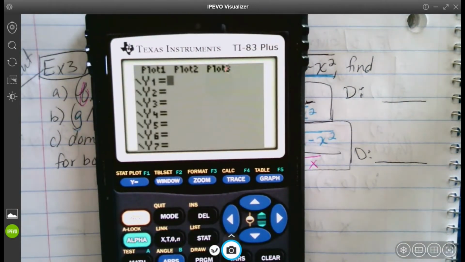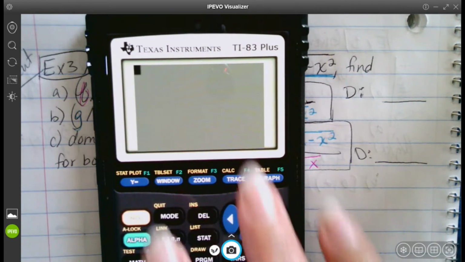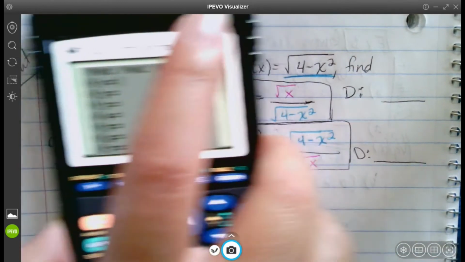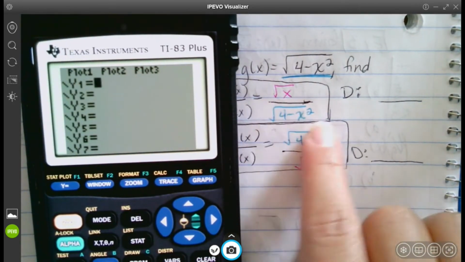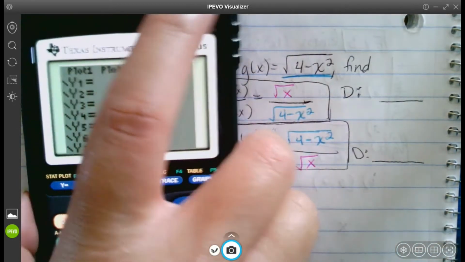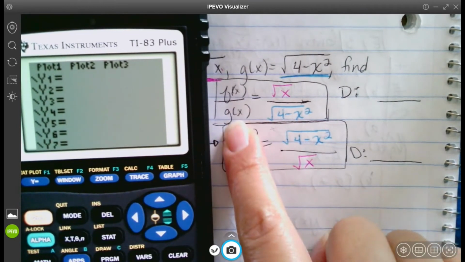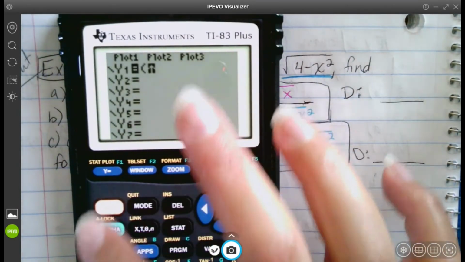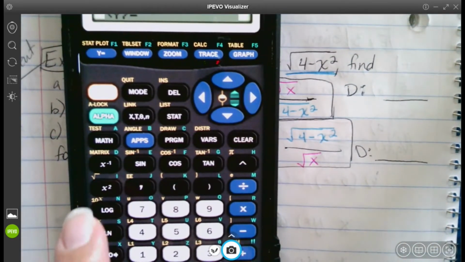Okay, you want to turn it on. And if you're not already at the screen, so if you're here on the front screen, you just press y equals. Okay. Now, whenever you are putting anything with a fraction, you want to put everything on the top in parentheses, everything on the bottom in parentheses. So for the first one, f of x divided by g of x, we're going to have parentheses and then square root. The square root is just right here. It's where x squared is.